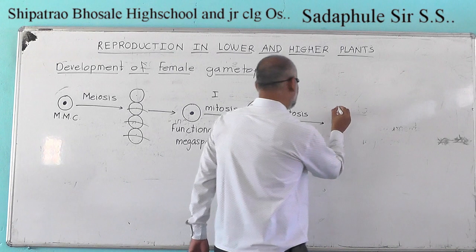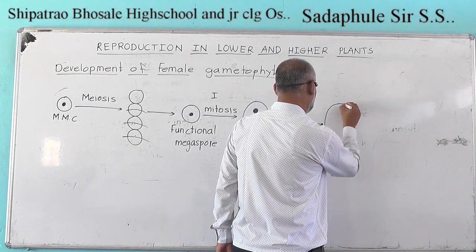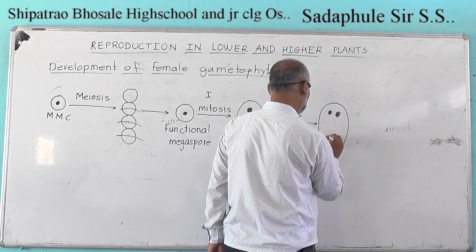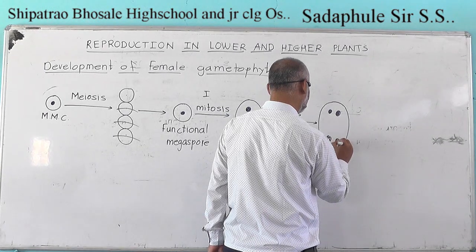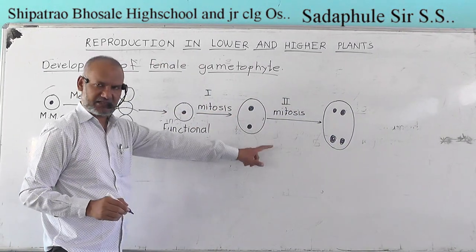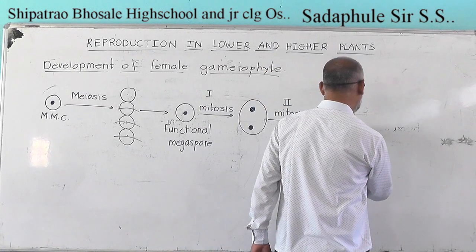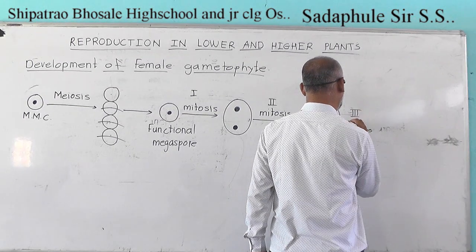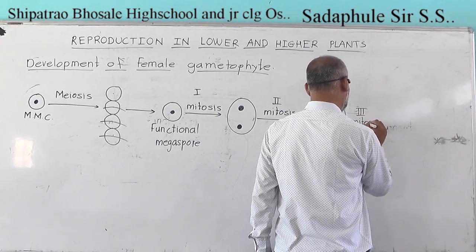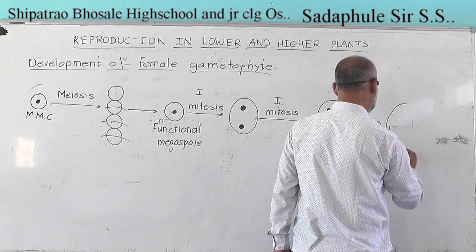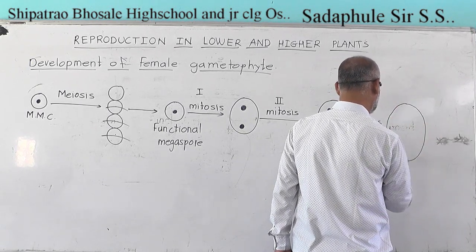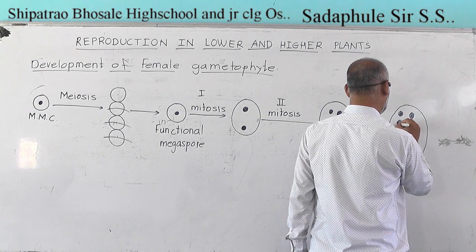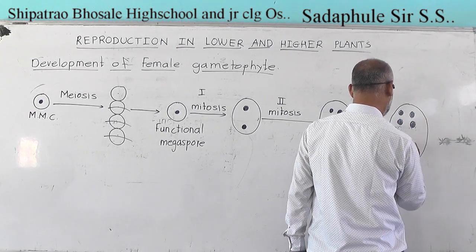By mitosis, again it forms 2 nuclei here and 2 nuclei here. Okay. First mitosis, second mitosis, then third mitosis. By the third mitosis, it forms 4 nuclei at each pole.